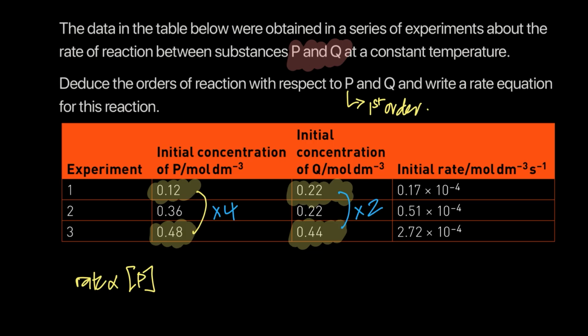And what is the rate changing by? Look at that. P is quadrupling, Q is doubling. But at this stage, we already know P is first order.